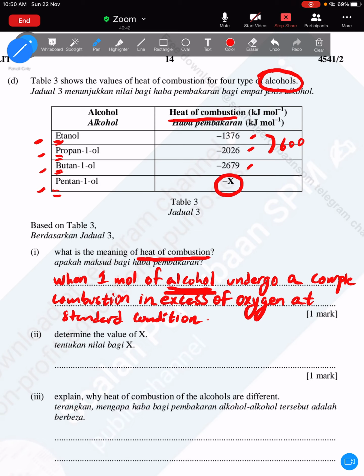And also, here to here is also around 600. So, in your opinion, here to here will also be 600. Estimate, more or less. So, what will be the X value? Because they asked you to determine the X value. Tell me.